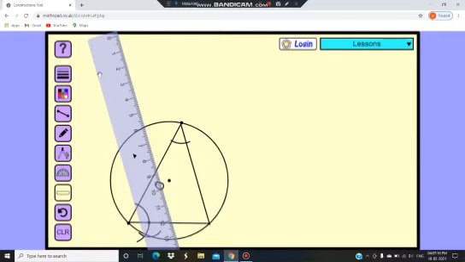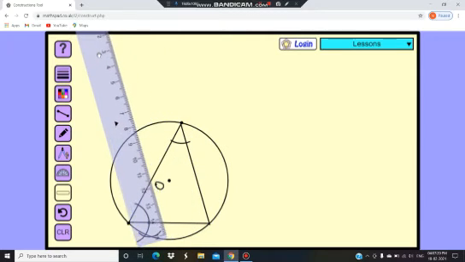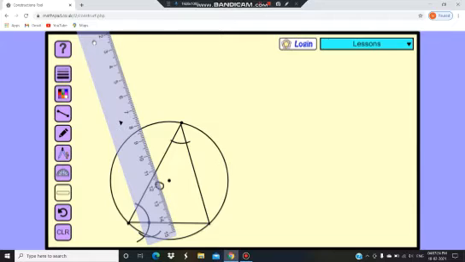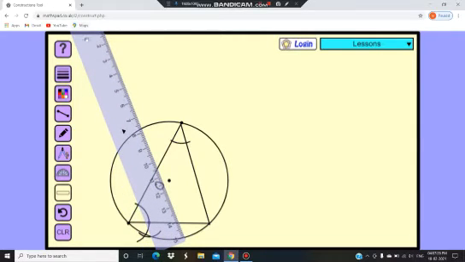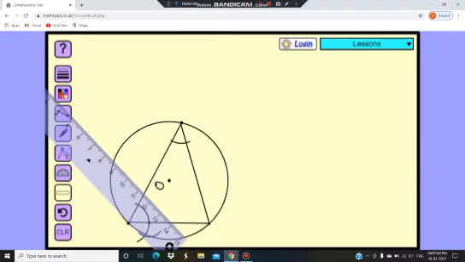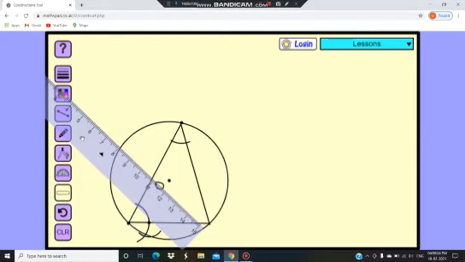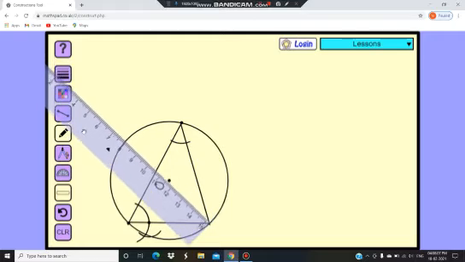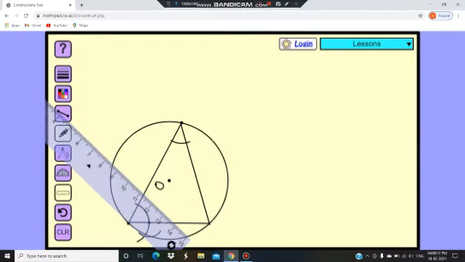Through those points we have to pass one line. So through this we have to pass a line.